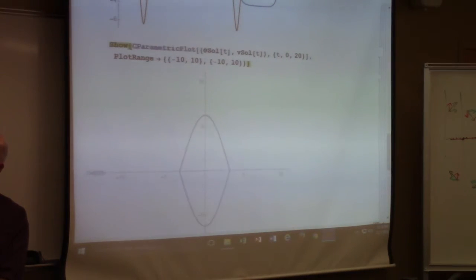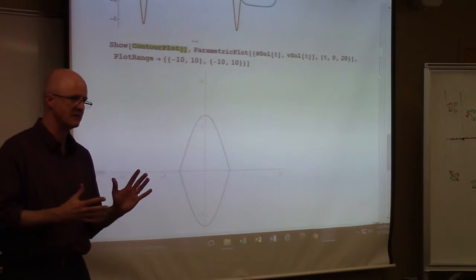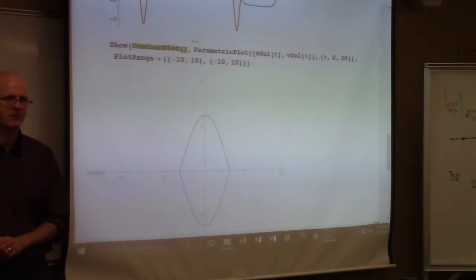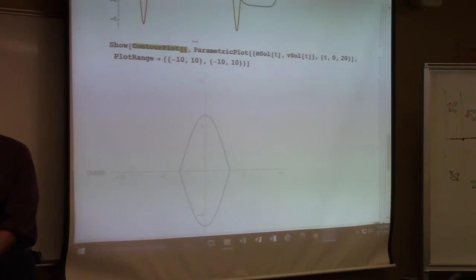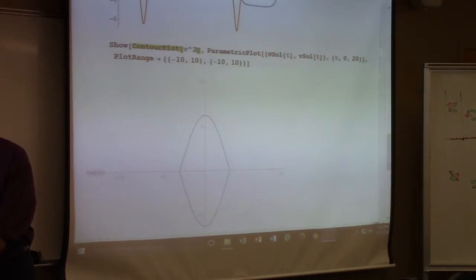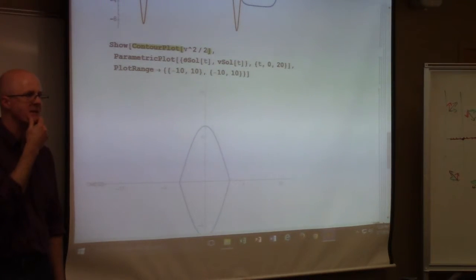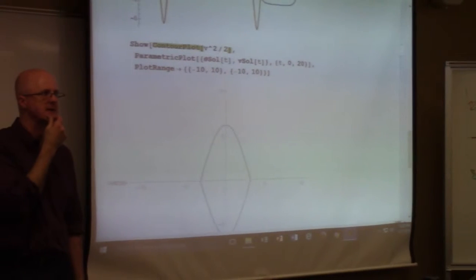ContourPlot. I'm going to plot a contour map which includes colors, like I showed you the other day, of a function of 2 variables. And the function of 2 variables is going to be v squared over 2. Seems like that would be kinetic energy if the mass was 1.